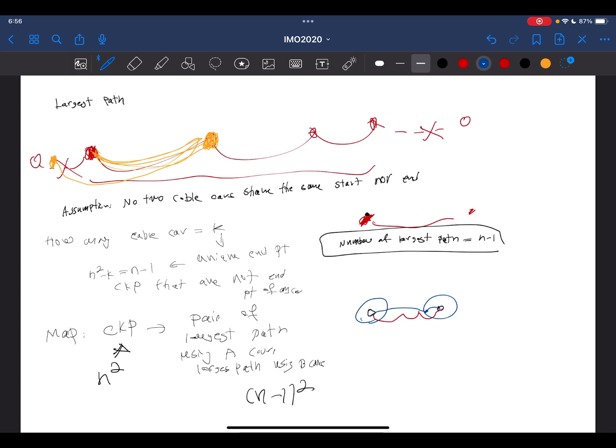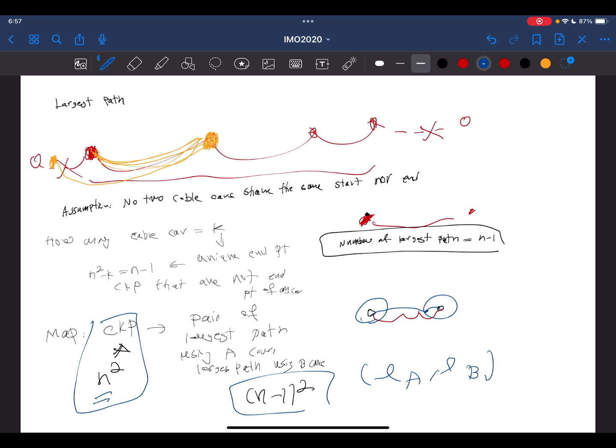So basically I proved that there are two checkpoints belonging to the same largest path using A cars and the same largest path using B cars, because the number of checkpoints is n squared and the number of largest paths using A cars is n minus 1, and the number of largest paths using B cars is also n minus 1, so I have at most n minus 1 squared pairs of largest path using A cars and largest path using B cars.